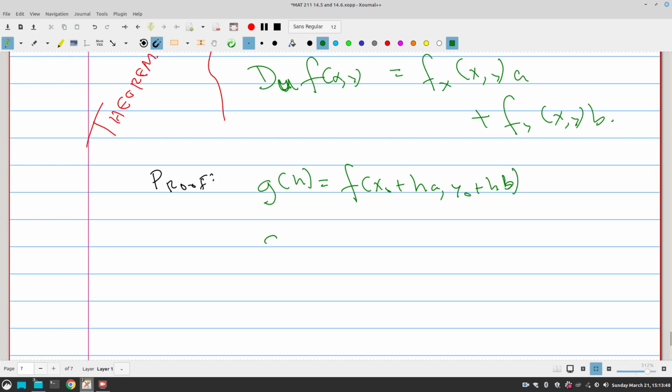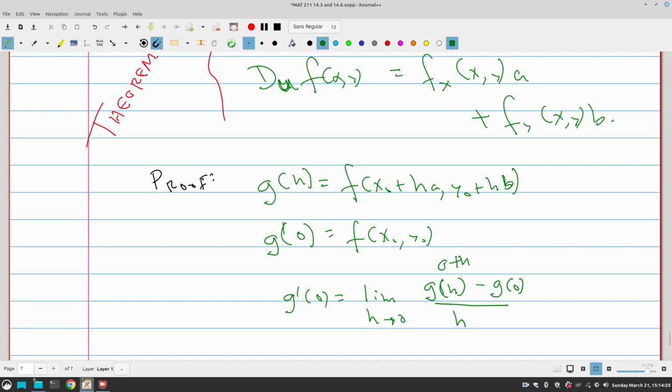Then g of 0 equals f of x naught y naught, and g prime of 0 is the limit as h goes to 0 of g of 0 plus h, minus g of 0, divided by h, by definition, right?